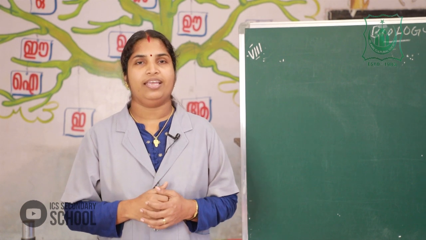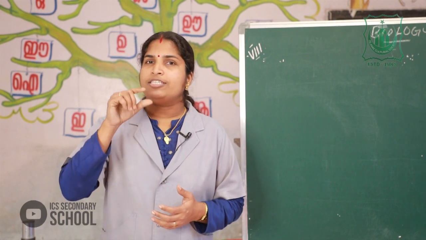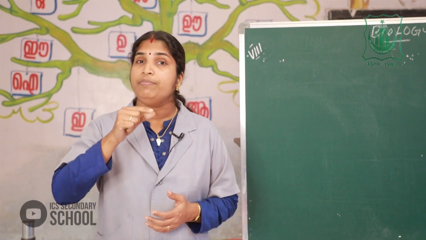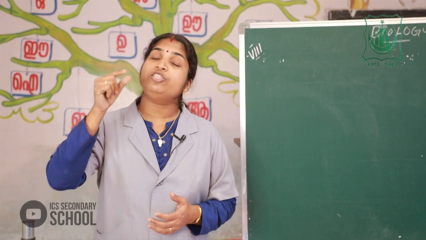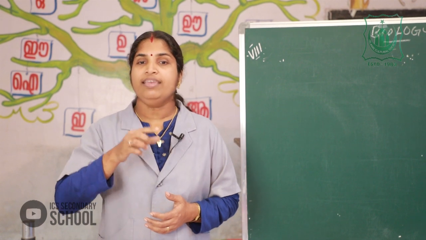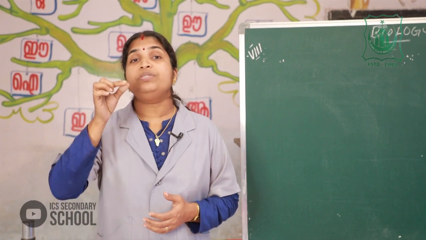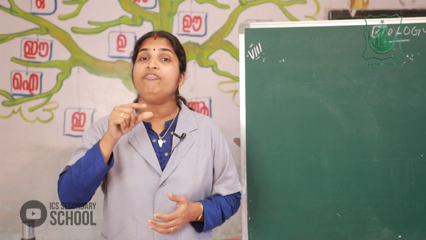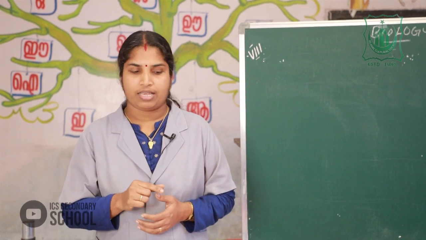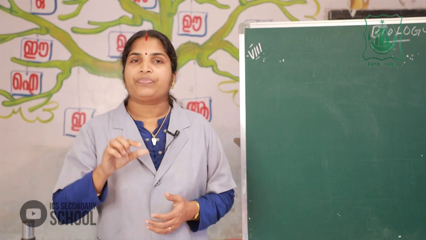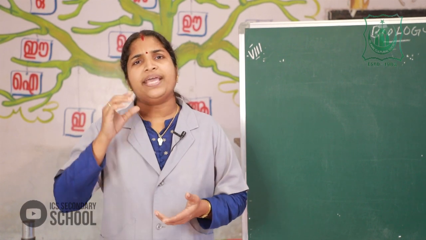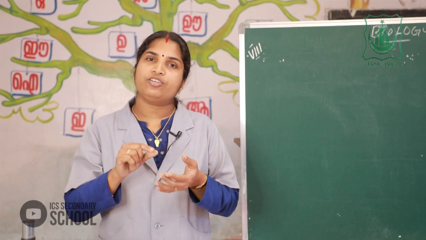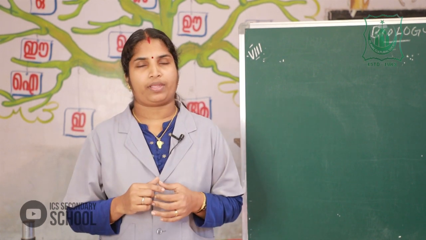Next one. Take the glass slide, place the observed material on it and cover it with a cover glass. This slide is placed on the stage of the microscope and fixed with a clip.